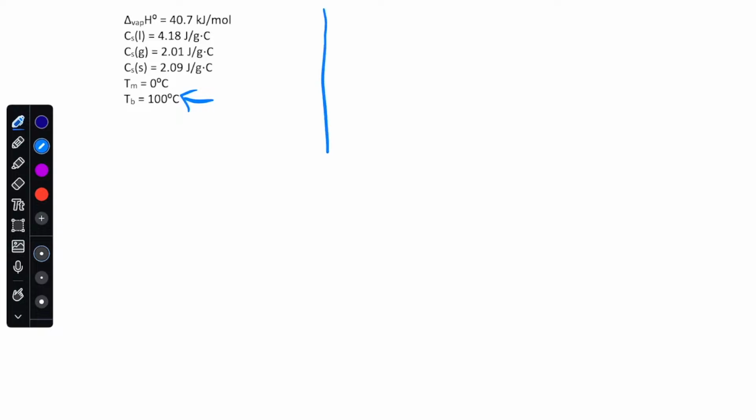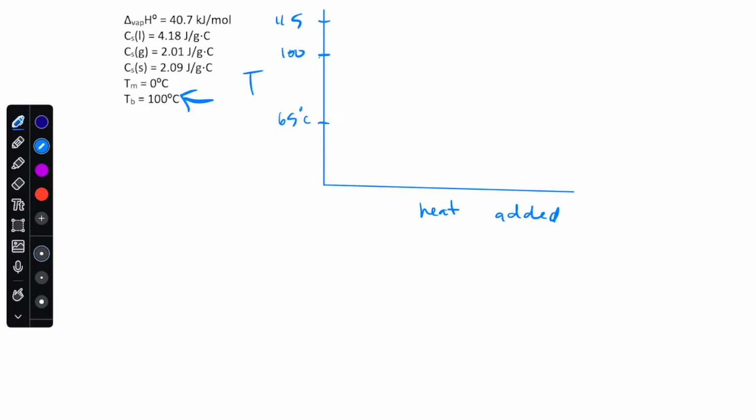So with these kinds of questions, I always find it best to draw a little diagram where you're going to start at a temperature of 65 degrees Celsius. This is temperature, and this is like heat added. And let's say this is like, I don't know, 100, and this is like 115.